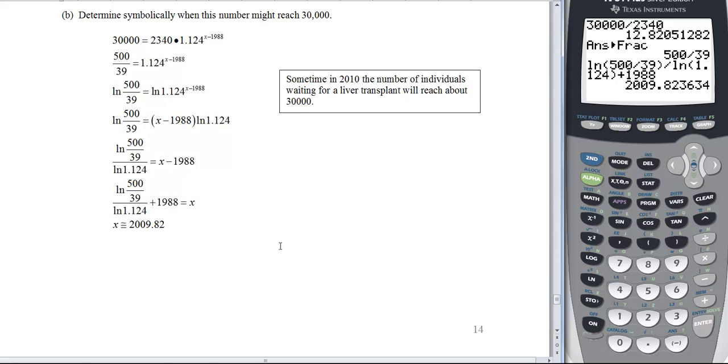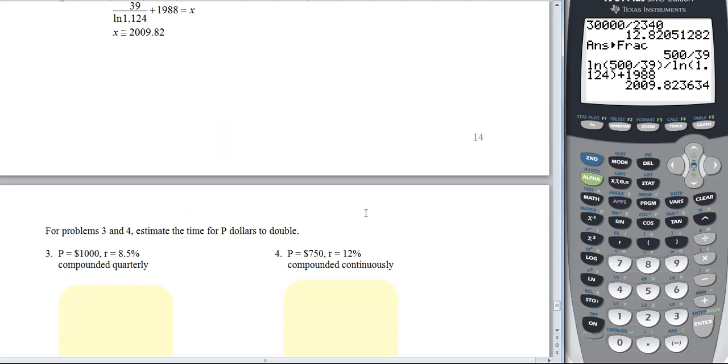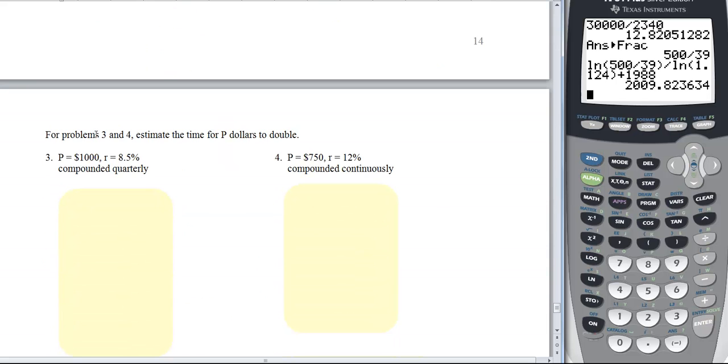Okay. So I've got a few more problems. Now it says for problems 3 and 4, estimate the time for P dollars to double. So they're giving me the amount that's going to be deposited, and they want us to find the A value. So now in this problem, it's compounded quarterly.